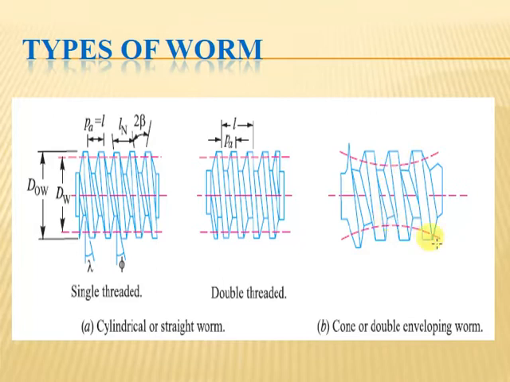This one is very difficult to manufacture, and hence it is not commonly used. The single or straight worm is widely used as it has an easy manufacturing process and line contact, with comparatively less heat generation than the double enveloping worm.